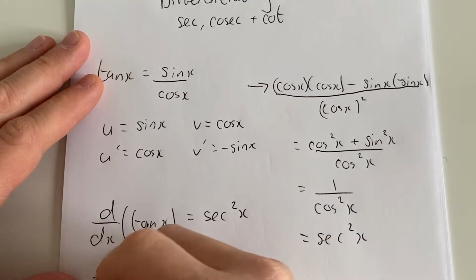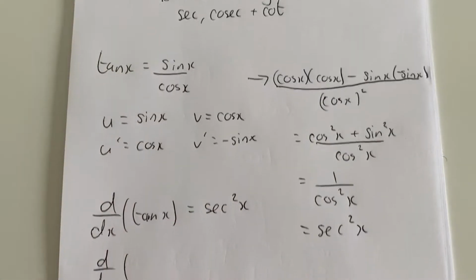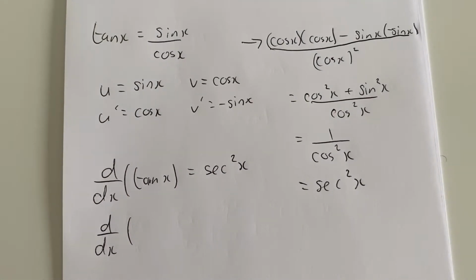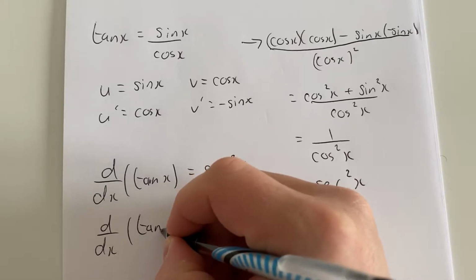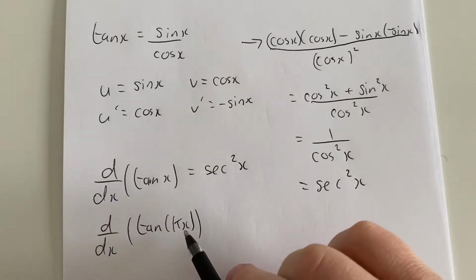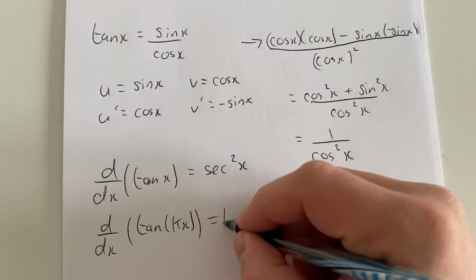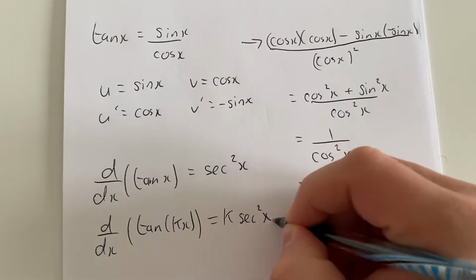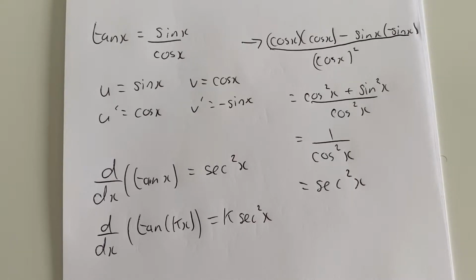And in a similar way, if you differentiate tan of kx, so it's some amount of x, you would get k sec squared x. I won't go through the full-blown chain rule on how to do it, but you just multiply by the value of x.